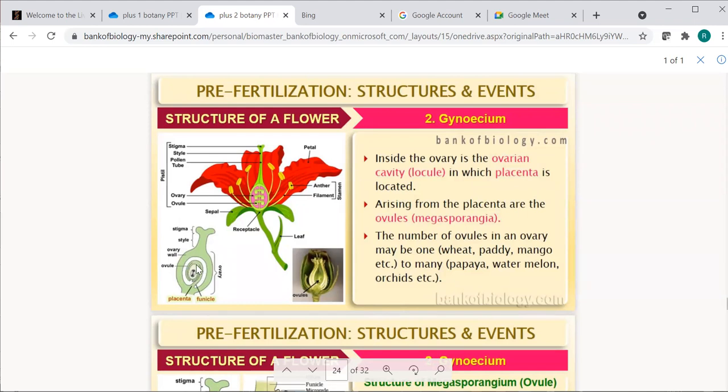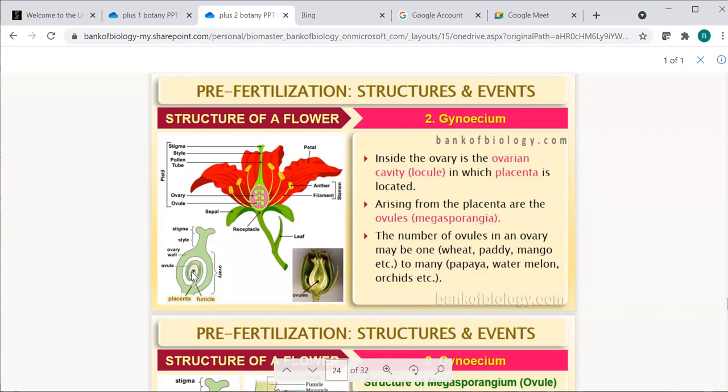The locule, this green part that you can see, that is the locule, in which the placenta is located. There is a small tissue-like covering which is called the placenta, and arising from the placenta are the ovules.